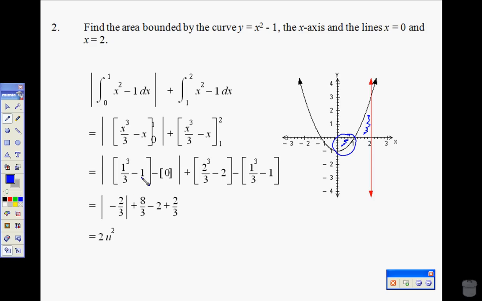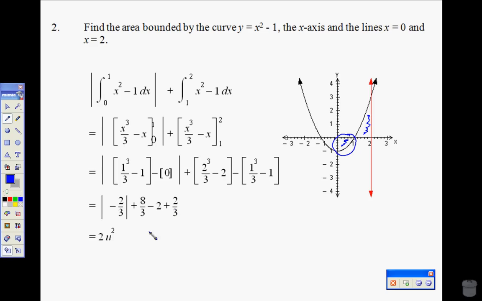I put the 1 in, I put 0 in. That gives me minus 2/3, which I take the absolute value of, so it's positive. Then x cubed over 3 minus x, again we do the substitution with 1 and 2. That gives a positive answer, as we knew it would. All up, it's going to give me an area of 2 units squared.